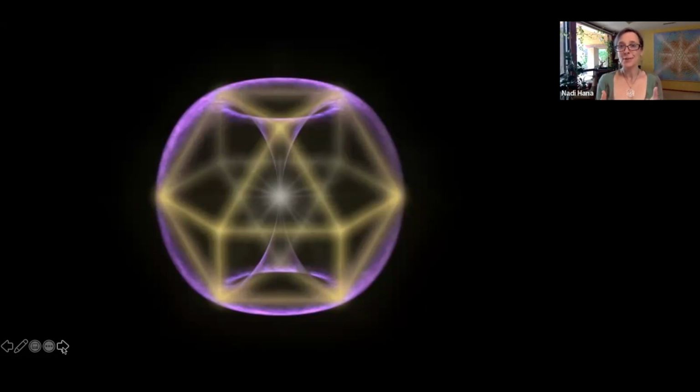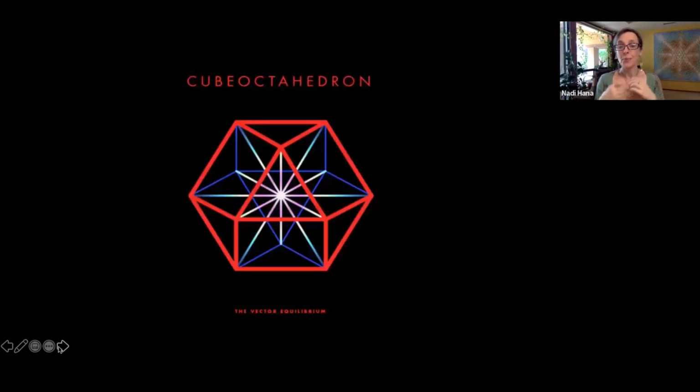But this is our best way, the way we can theoretically interpret our world, is through geometry. And this shape contains perfect balance, perfect equilibrium. So this is the cube octahedron, because it's a cube and an octahedron mashed up together, platonic solids. We'll get to those in a little bit. Cube octahedron, vector equilibrium.